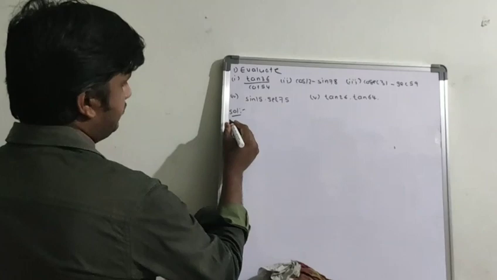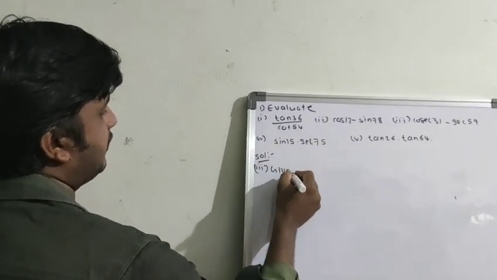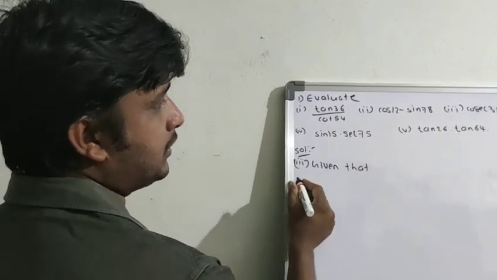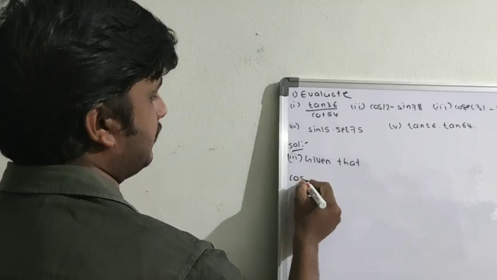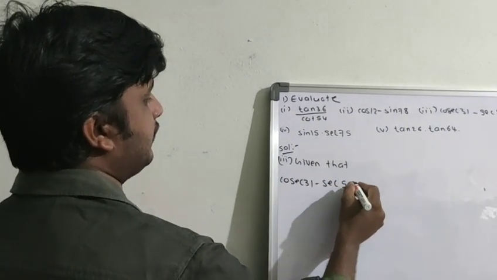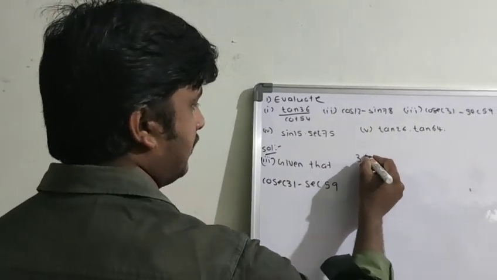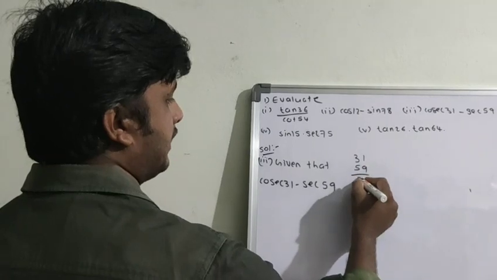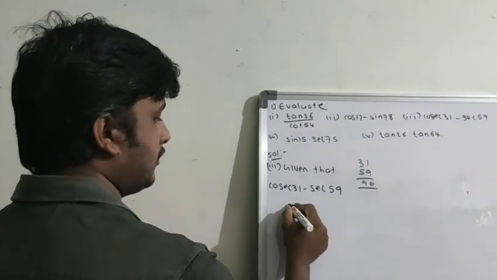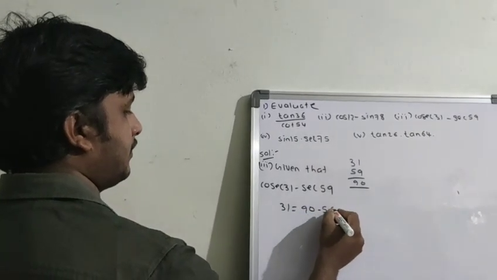So, third question. Given that cosecant 31 minus secant 59. Add 31 and 59, you will get 90. So I'm changing 31: 31 equals 90 minus 59.